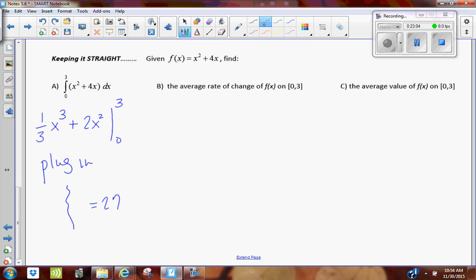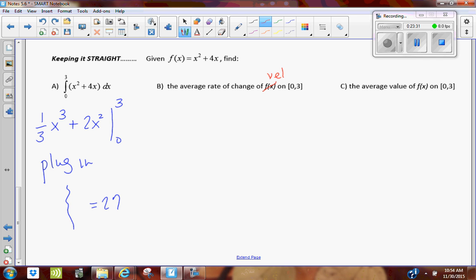All right, the average rate of change from 0 to 3. Now look at B and C. One says the average rate of change, one says the average value. If you're stuck on what to do, just put some units in there and go from there. So if you don't like f of x, call it velocity, because you're much more familiar with velocity. So if you want the average rate of change of velocity, then that would equal what kind of idea?